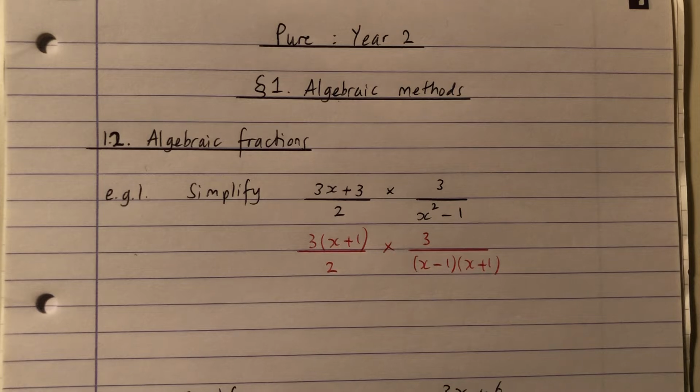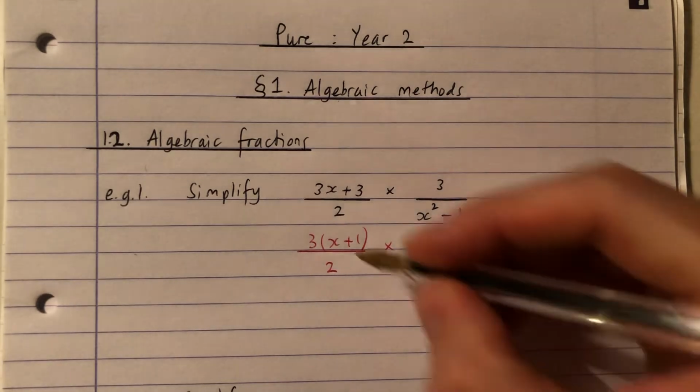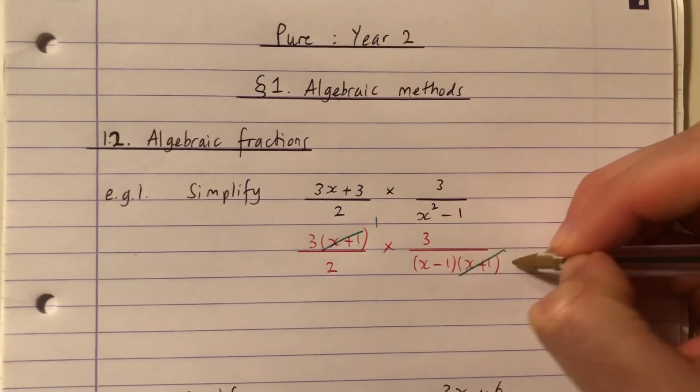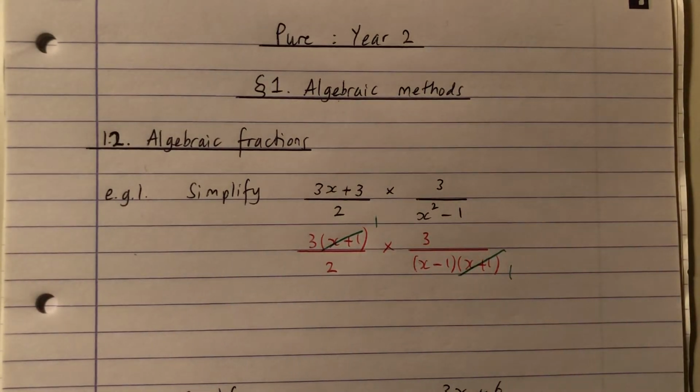So you ask yourself the question right now: is there anything common between the numerators and the denominators? And the answer is yes. There's an x plus 1, which you can divide top and bottom by. Is there anything else common to the numerators and denominators apart from 1? No, that's the only common factor.